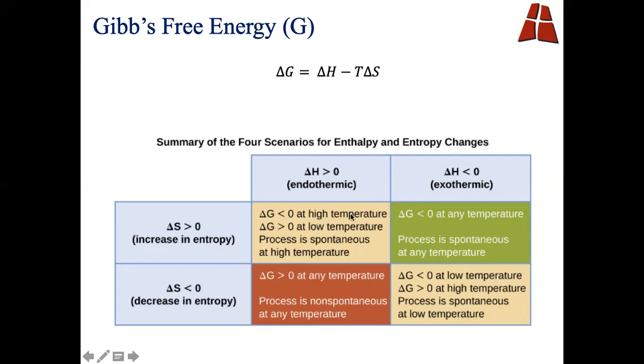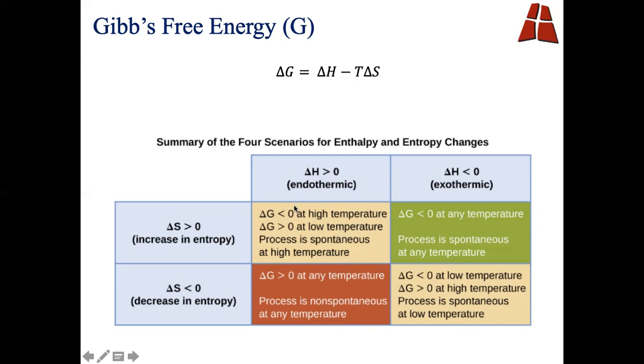And then finally, we have these two yellow boxes. Say we have a positive enthalpy but a positive entropy. In that case, at high temperature, that will make this term bigger, which will make our delta G more negative.